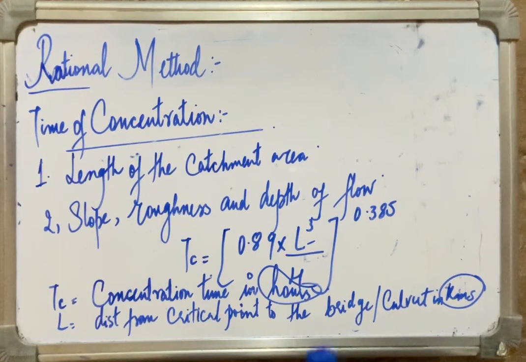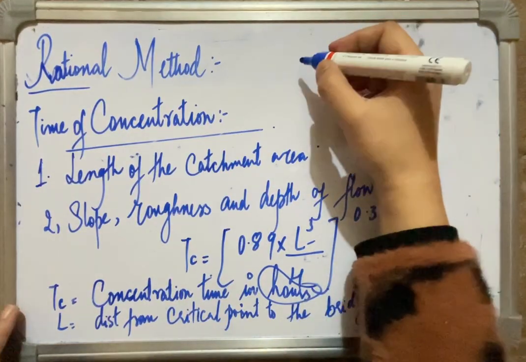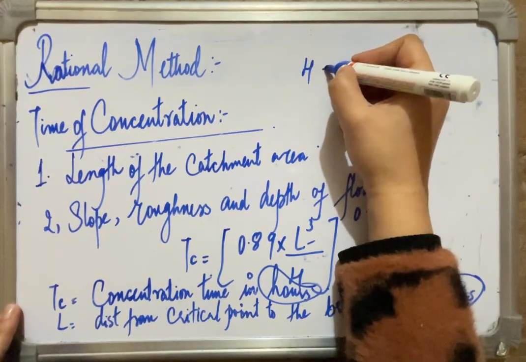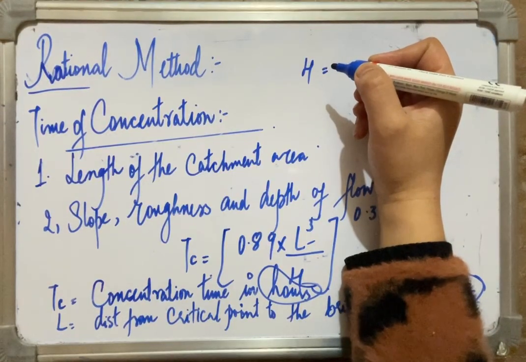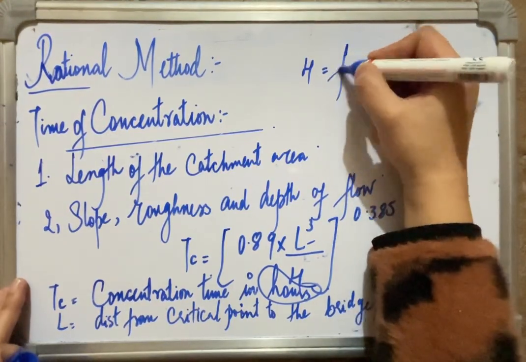Now this thing, H. What is H? H is the fall in level from the critical point to the bridge site in meters.